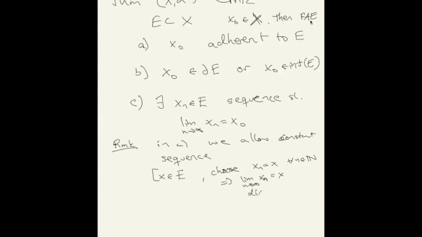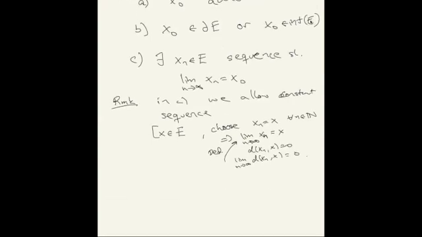The distance from x_n to x is equal to 0, so the limit as n goes to infinity of the distance from x_n to x is just equal to 0, which is the definition of convergence. So this allows a constant sequence that plays a role in the proof. Accumulation points do not allow for constant sequences, so one has to be more careful.